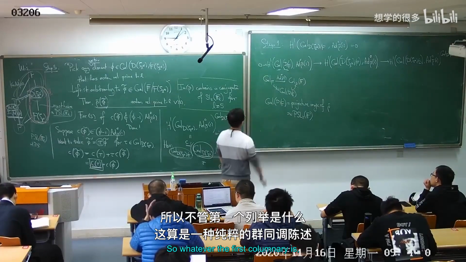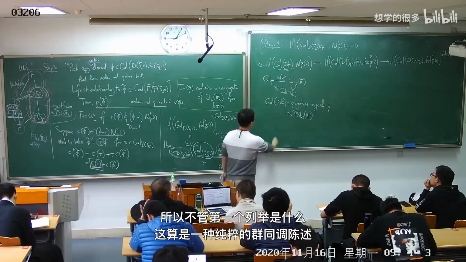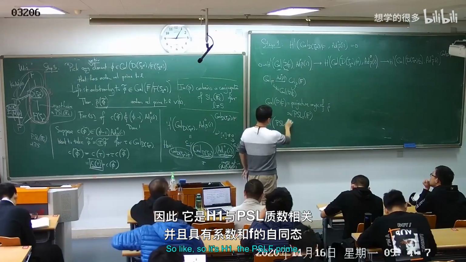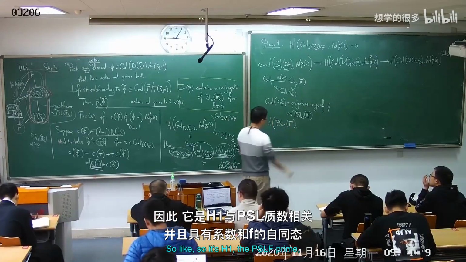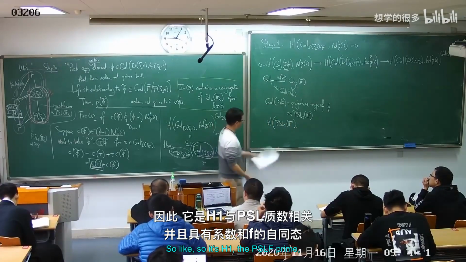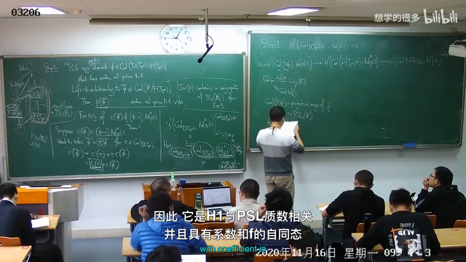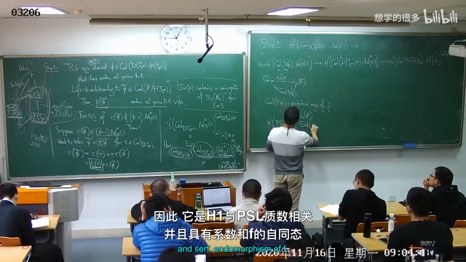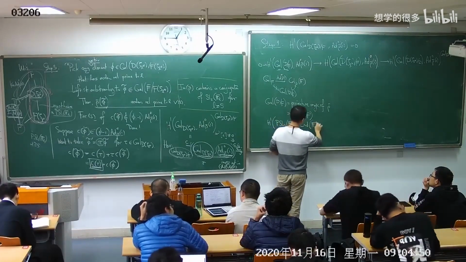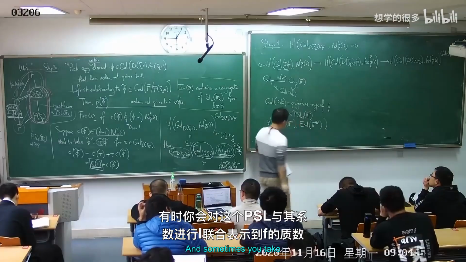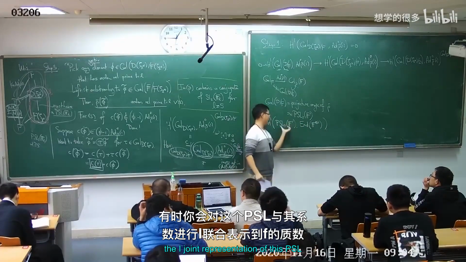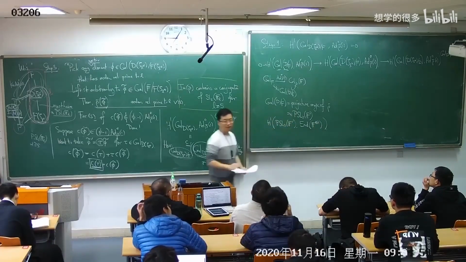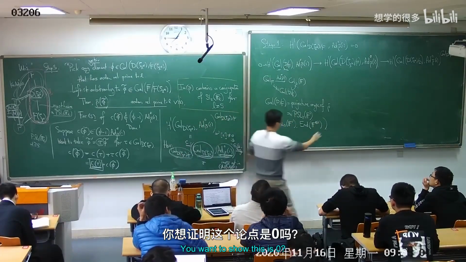So whatever the first cohomology is, it's a purely group cohomology statement. So it's H1 of PSL2 F prime with coefficients in endomorphisms of F, and sometimes you take the adjoint representation of this PSL2 F prime as coefficients. Okay? You want to show this is 0.